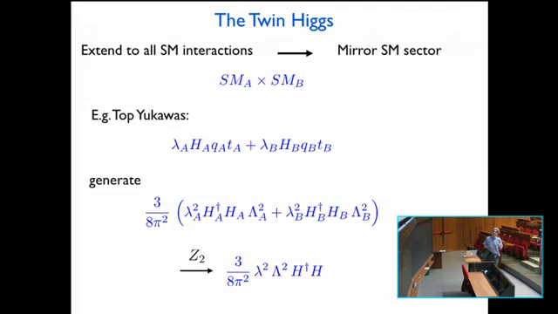There will be logarithmic sensitivity to the cutoff, because there will be contributions that go like H_A to the fourth and H_B to the fourth, and those do have logarithmic sensitivity to the cutoff. But the quadratic sensitivity is all we care about here, because we're trying to solve the little hierarchy problem.